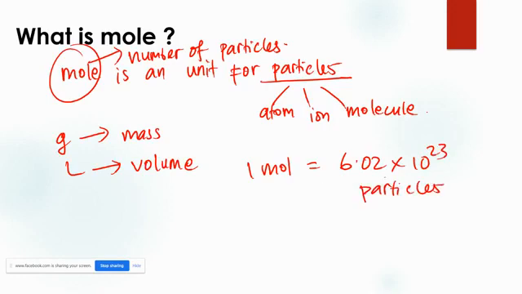This is called Avogadro constant. So, from this one, we know that there is a lot of particles in 1 mole of substance.